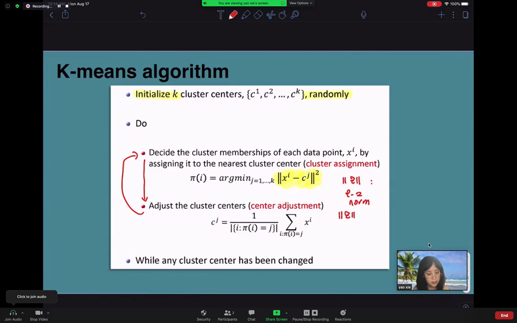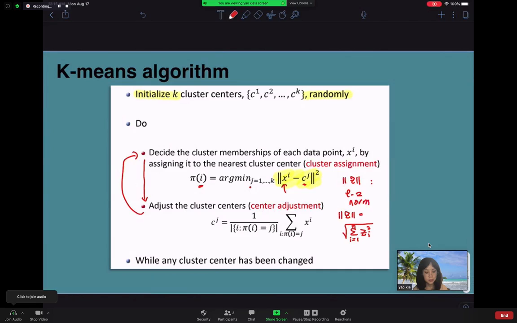This is going to be the square root of the sum of the squared entries of z. That's our usual definition of the distance in the vector space, and this is the squared L2 norm. So basically you find out for each data point which centroid is the closest, and then you assign it to the closest centroid. So this pi(i) is the argmin, finding the smallest distance from this particular data point to that particular centroid.